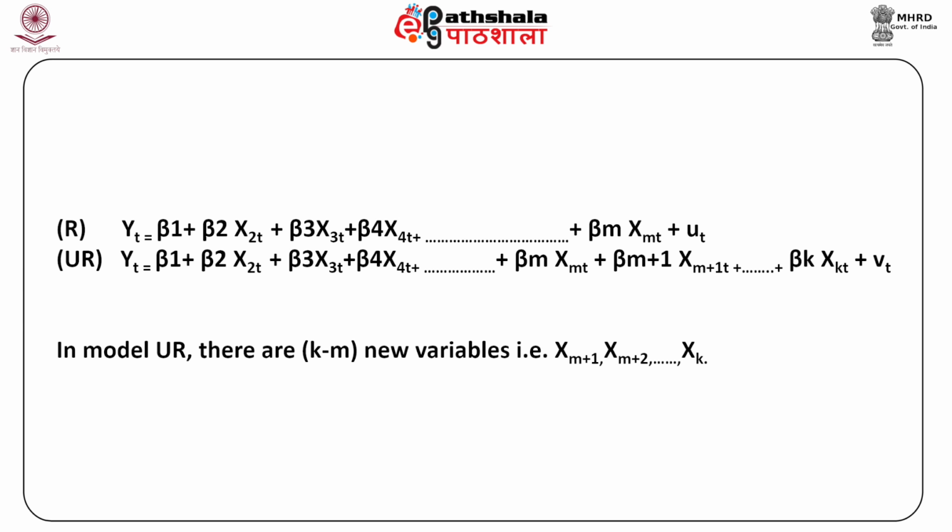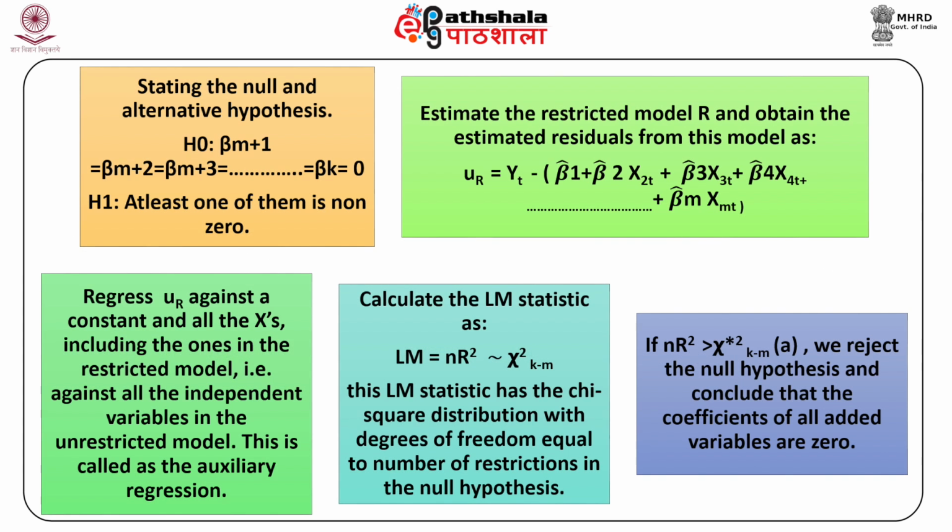The unrestricted model: yt is equal to beta 1 plus beta 2 x2t plus beta 3 x3t plus beta 4 x4t till beta m xmt plus beta m plus 1 x m plus 1 t going till beta k xkt plus vt. In the unrestricted model, there are k minus m new variables, that is x m plus 1, x m plus 2 till xk. The steps for the LM test can be described as below.